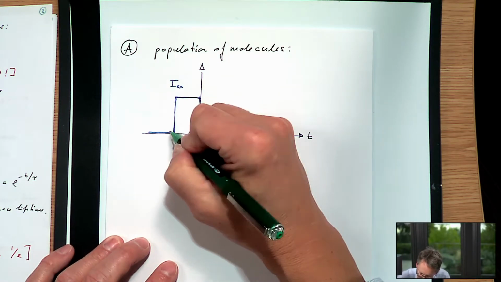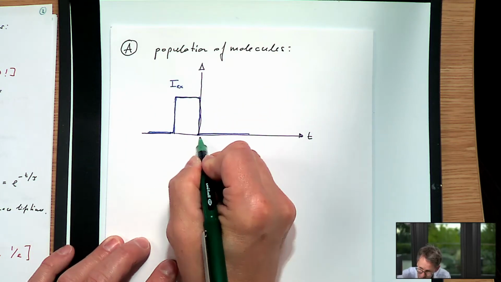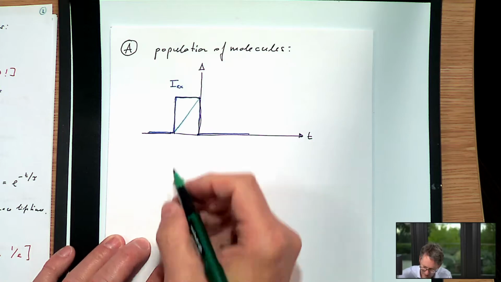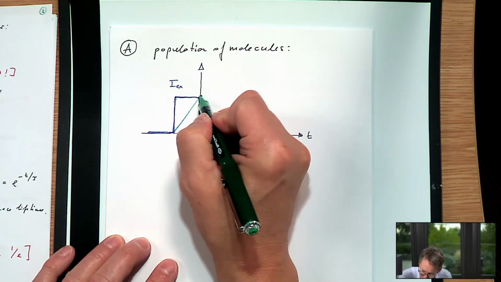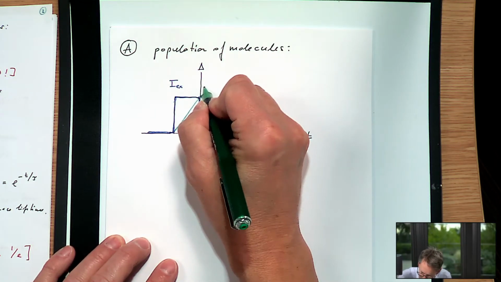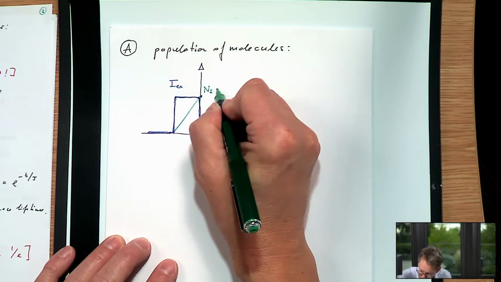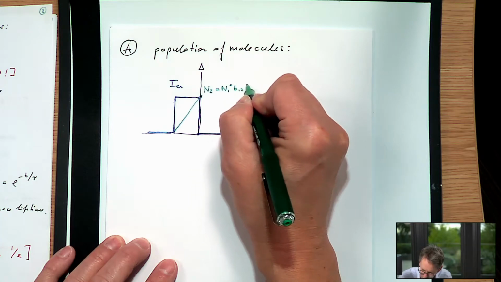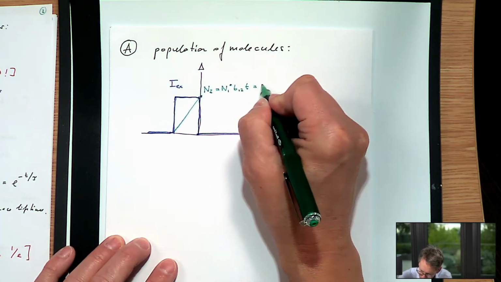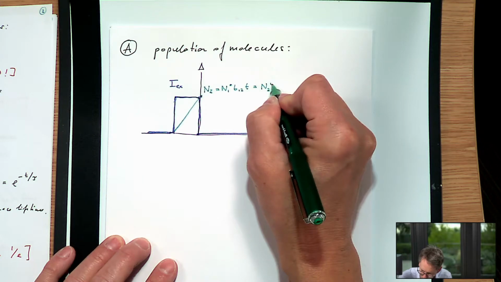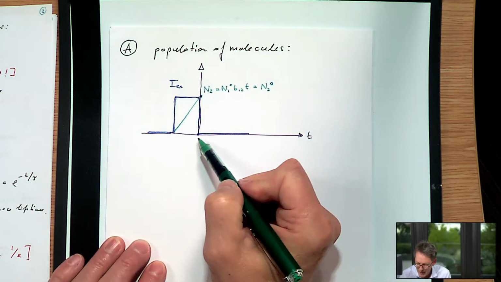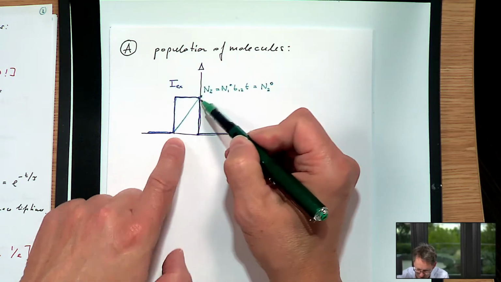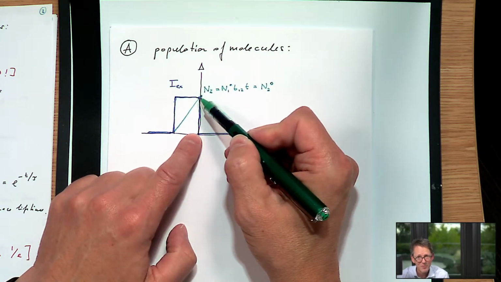So we said if this pulse is sufficiently short, then the population rises linearly and so it will reach a population here, N2, which is equal to N1 naught B12T, which is equal to N2 naught. So essentially, at time t equals 0, we reach the maximum population. So it rises linearly until it reaches this maximum.